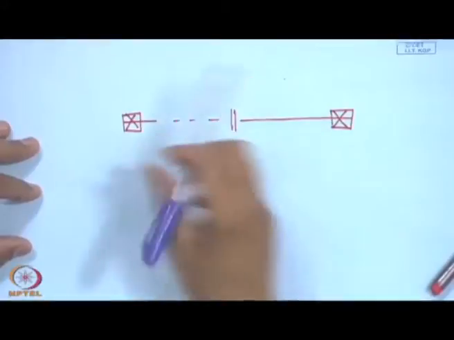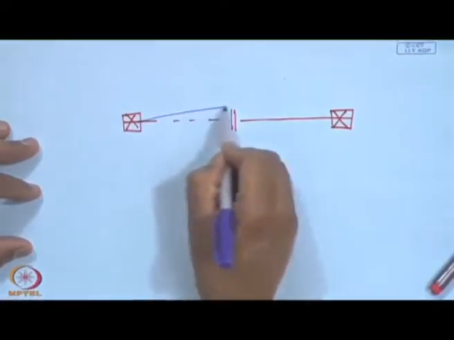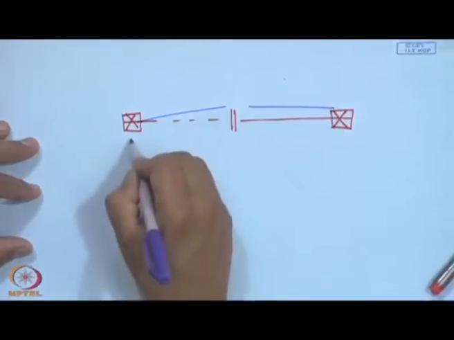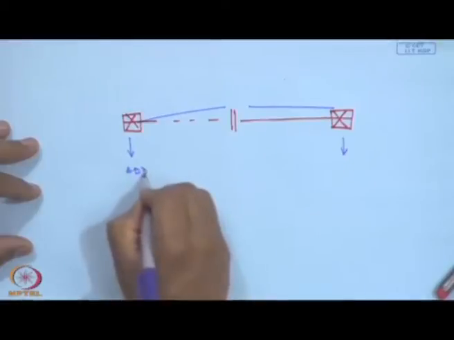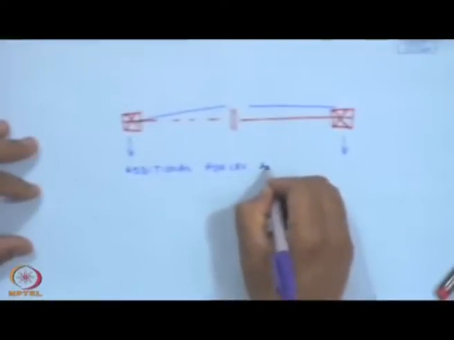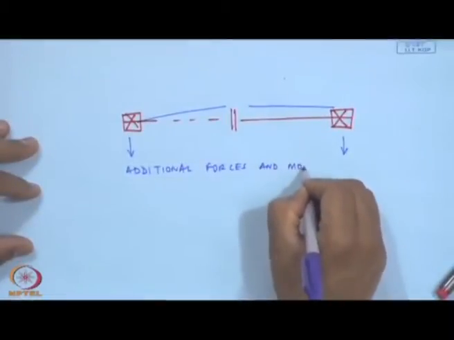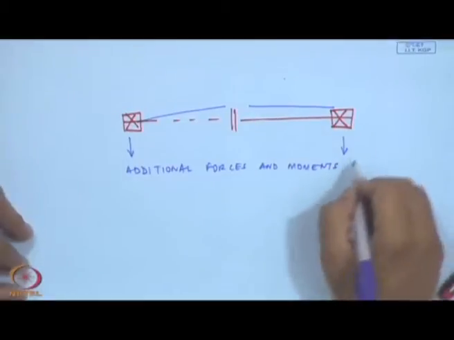If they are misaligned, either angular or offset, they give rise to additional forces and moments at the bearings.